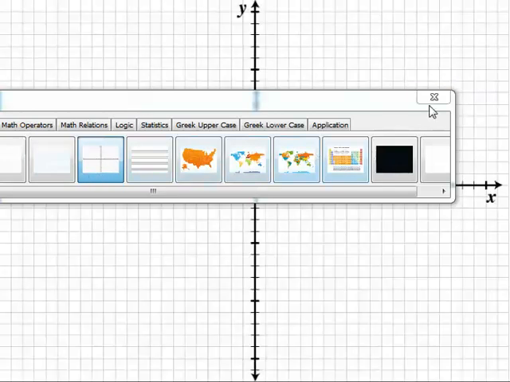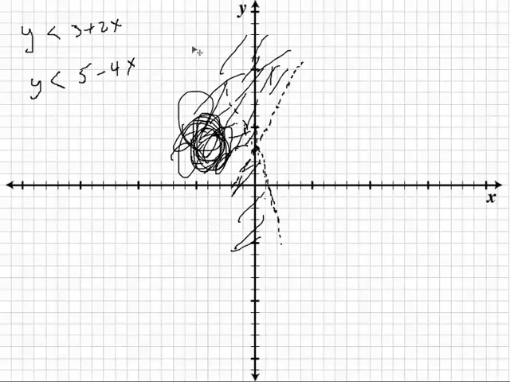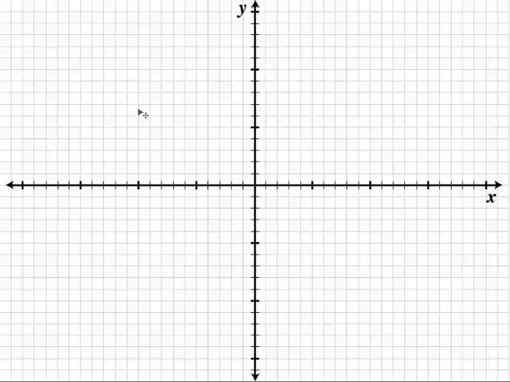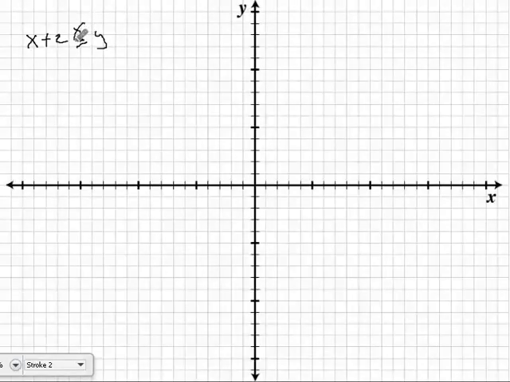There it goes. Coming back over here. x plus 2 less than or equal to y. So I write that down. Did I write that right? Less than or equal to y. Okay? So I'm going to start at 2, and I'm going to have a slope of 1, so it's going to go up.